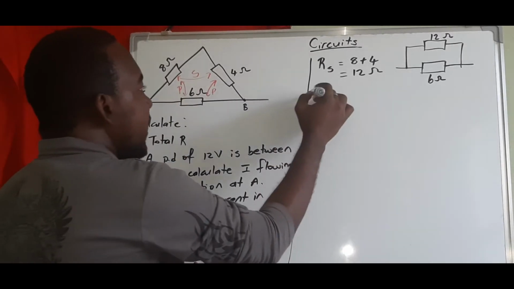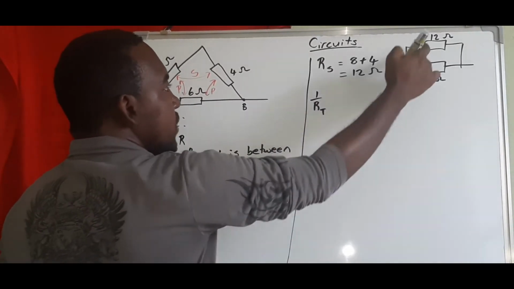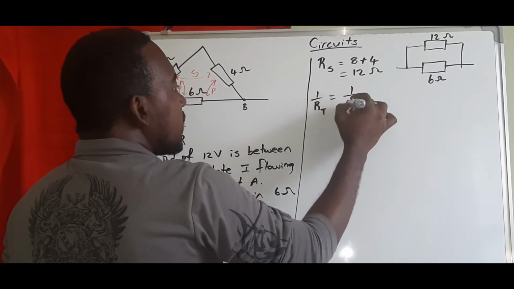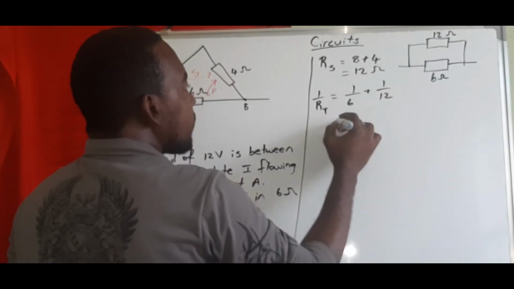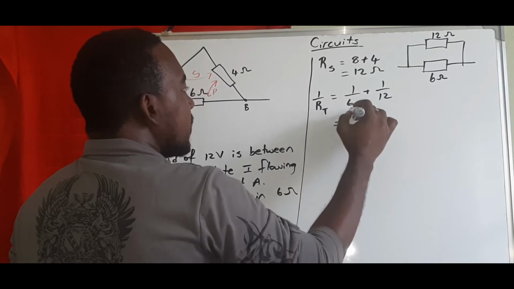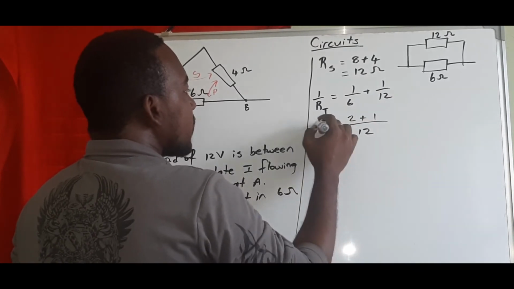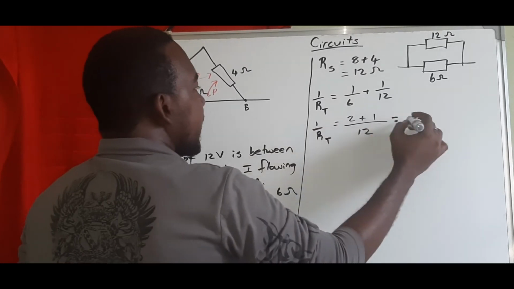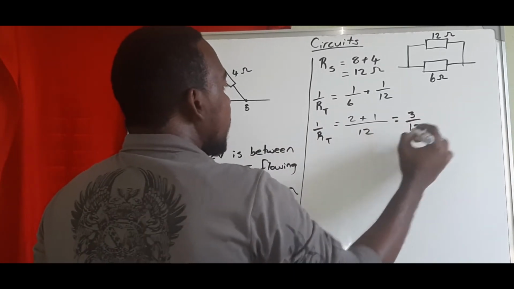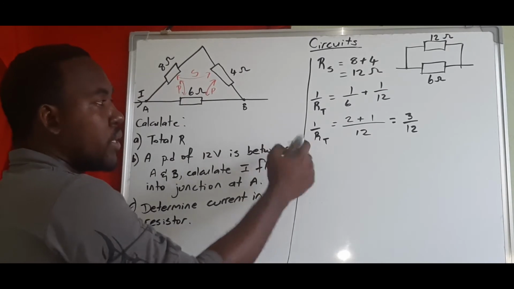So now we can find the total resistance because they're in parallel. It's 1 over 6 plus 1 over 12, right? The LCM is 12. 6 into 12, 2. 12 into 12, 1. So we get 3 over 12, right? So remember this is 1 over RT.